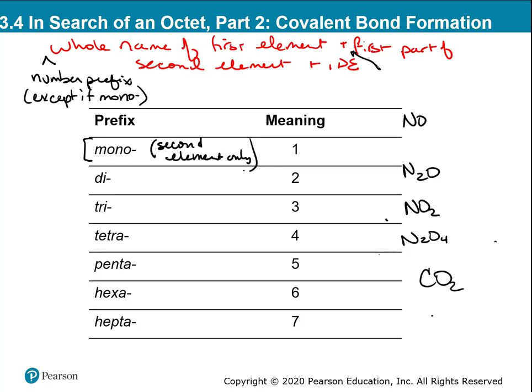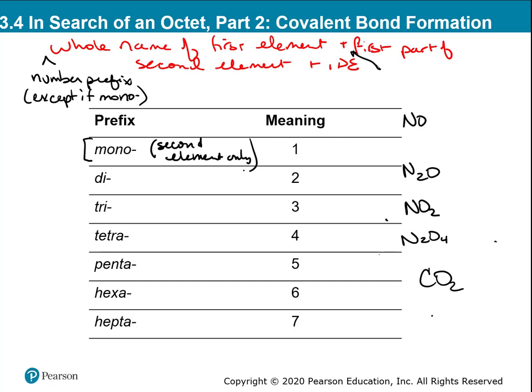So one oxygen would be called monoxide. One nitrogen would be mononitride. One chlorine would be monochloride. Okay, if the first element is one, you just leave it off. That's why carbon dioxide, you just call it carbon. We don't use mono for the first element.